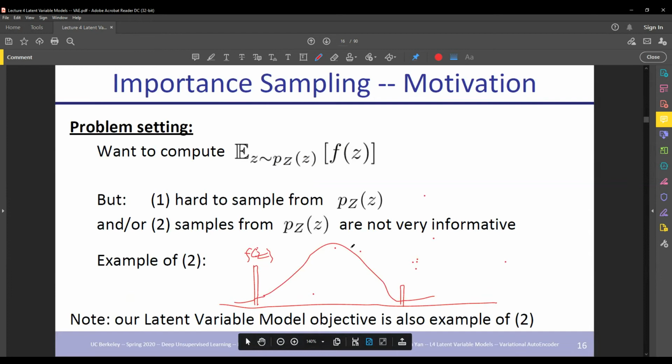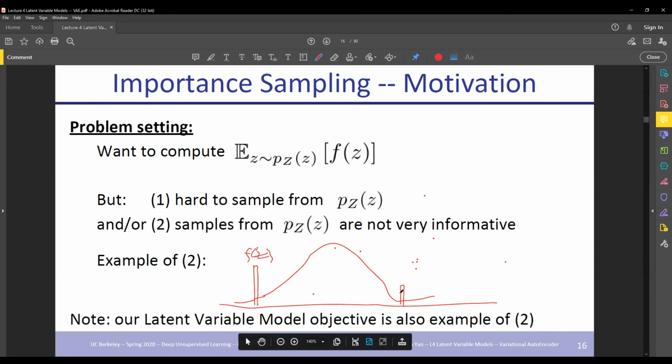Okay, and he illustrates that by saying, let's say that our function that we are trying to estimate is f of z, and what we want to compute is the expectation, with z coming from the probability distribution p of z, of the function f of z.